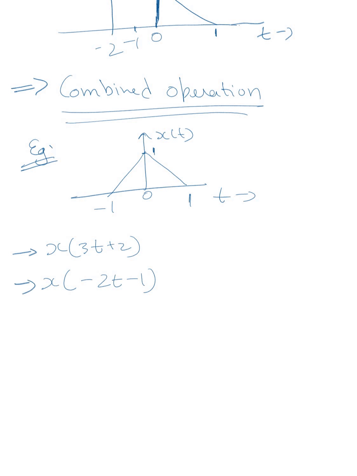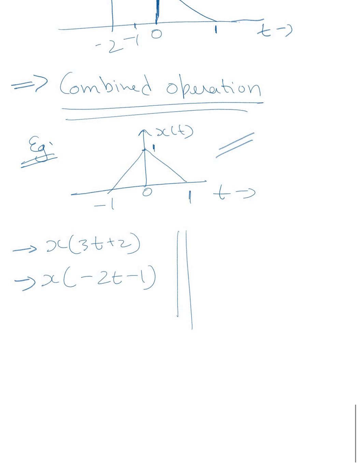So for this given signal x of t, we need to apply the following transformation. You can clearly see that in both the transformations, it is not a single transformation, rather it is a combination of multiple transformations. In the first case, plus 2 refers to time shifting, and 3t stands for scaling.